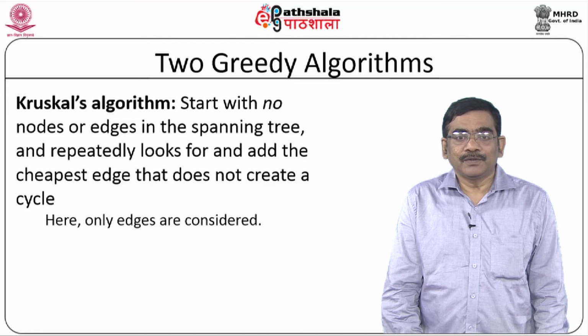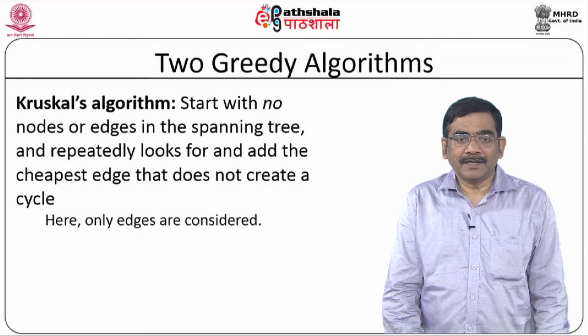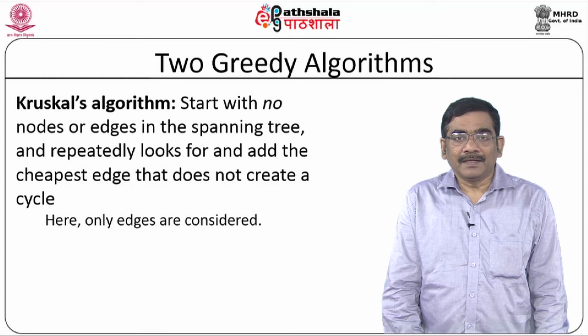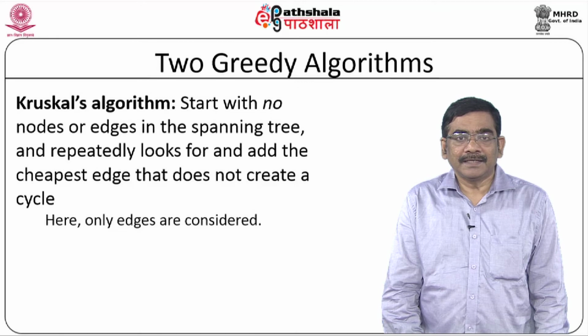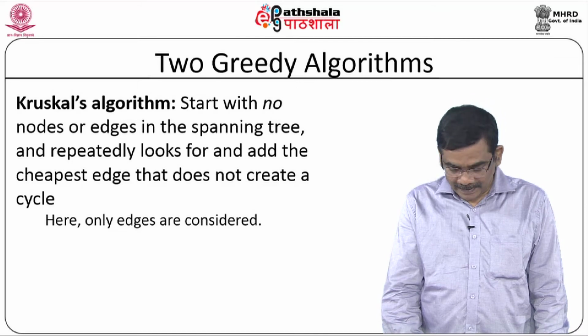Then we repeatedly look for the low cost edge, or the cheapest edge, and we try to add that into the spanning tree, at the same time ensuring that the addition of the edge does not create any cycles. In other words, the Kruskal algorithm considers only the edges.